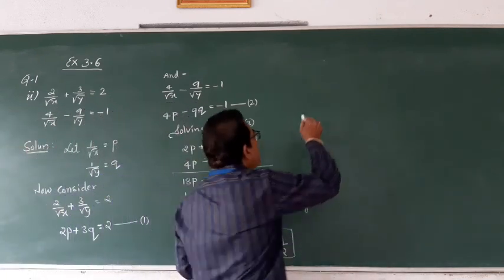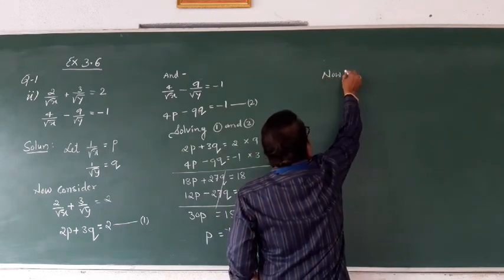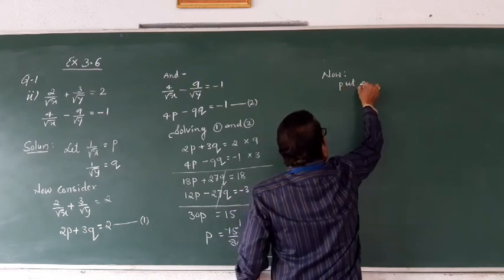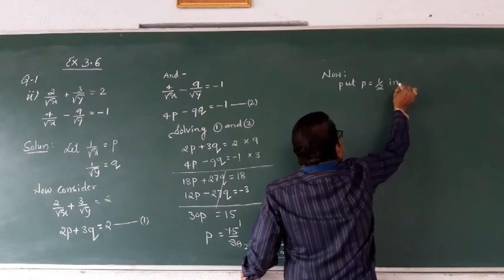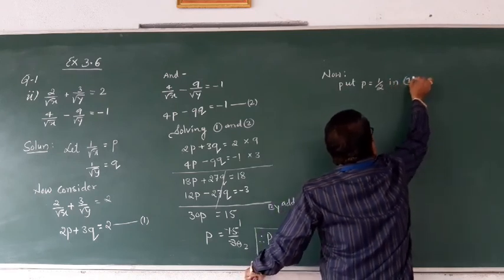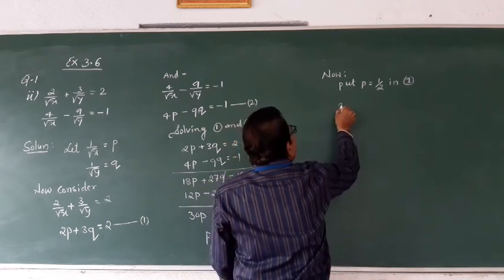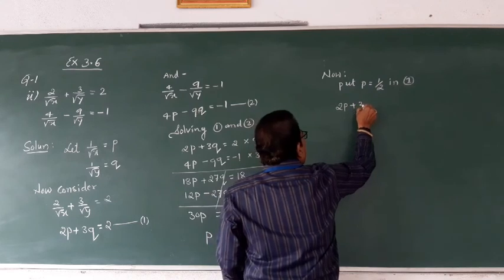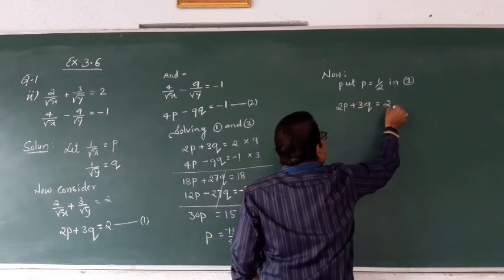Now, put p equals to 1 by 2 in the first equation. Let us substitute 2p plus 3q equals to 2.